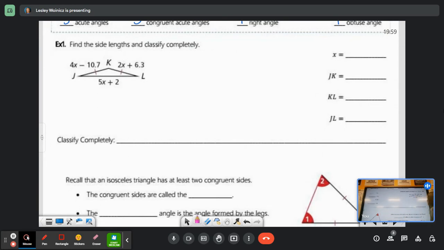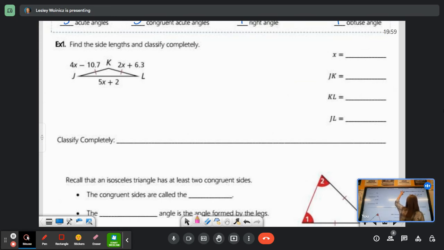All right, we have to find the side lengths and classify it completely. What I see is that I have congruent tick marks on segment JK and segment LK. So I'm going to set those equal to each other and solve for x.